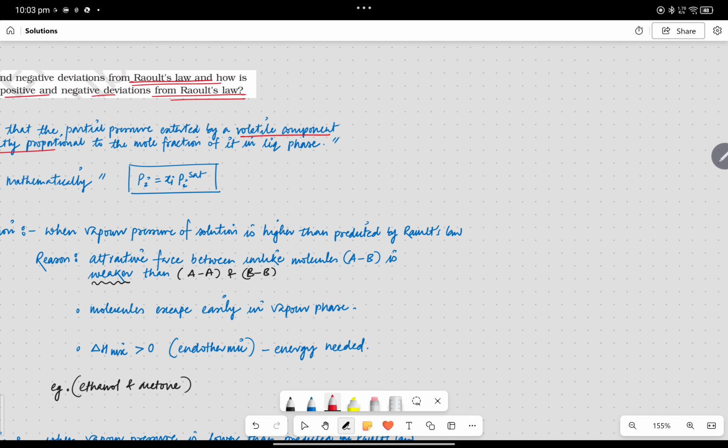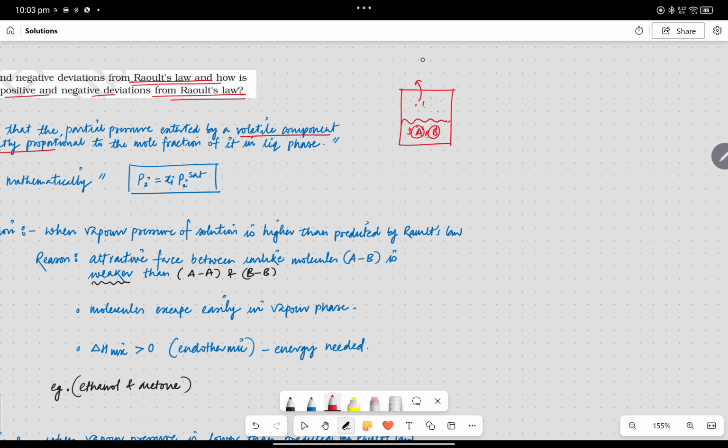Let's understand it first, then we will go further. So first of all, this is your composition system, and here A and B are present. If this is in the liquid phase, then obviously they are also going to be present in the vapor phase. Like water, you have also seen water present in the atmosphere. It always happens, corresponding to how much of that component is present in the liquid phase.